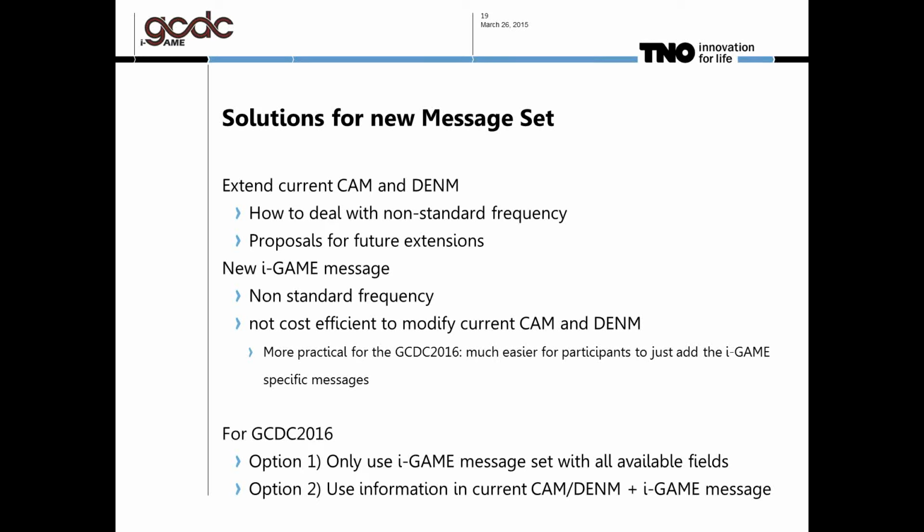We can extend them with the messages that we think are needed, and we can make a proposal for future extensions to these message sets so they can support the complex maneuvering. We can also define completely new iGame message sets that can deal with the non-standard frequency. Such an approach could also be a bit more practical for the teams participating in the GCDC.